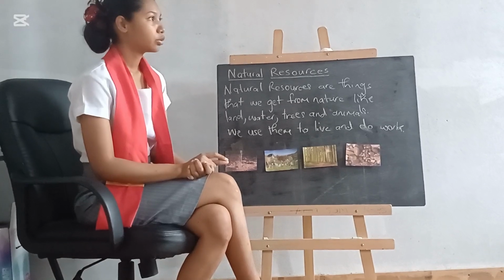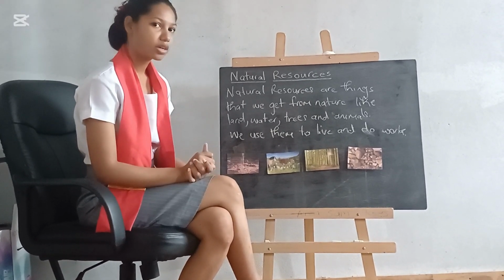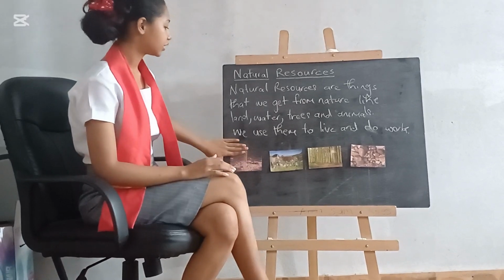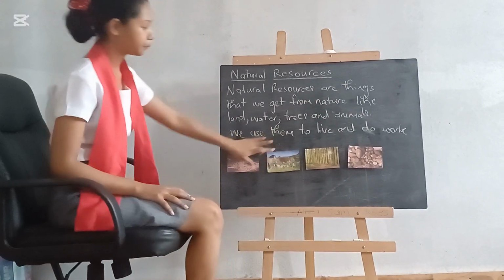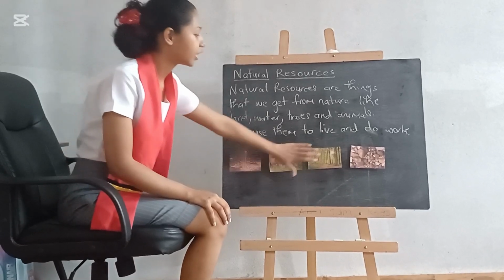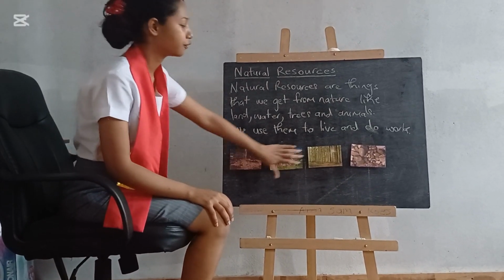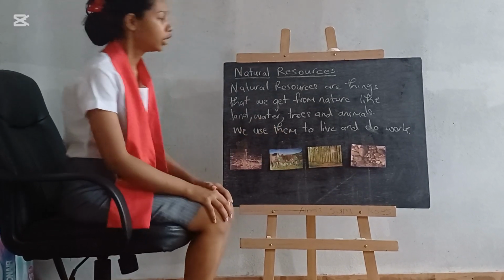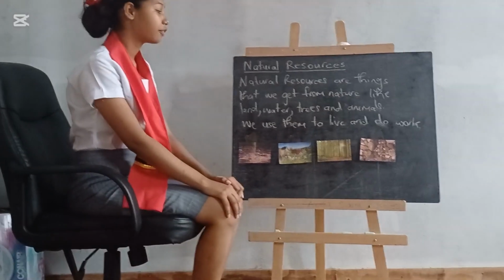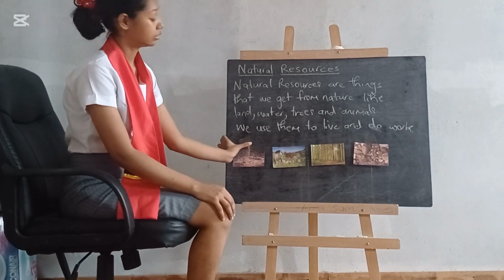We also get gold and diamonds from these rocks. Now let's take a step back and look at the board. We have 4 types of natural resources here: water, animals, forests, and rocks. We use all of these in our everyday life, sometimes without even realizing it.